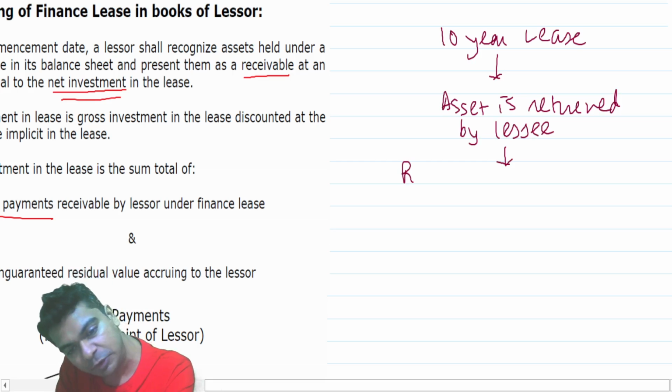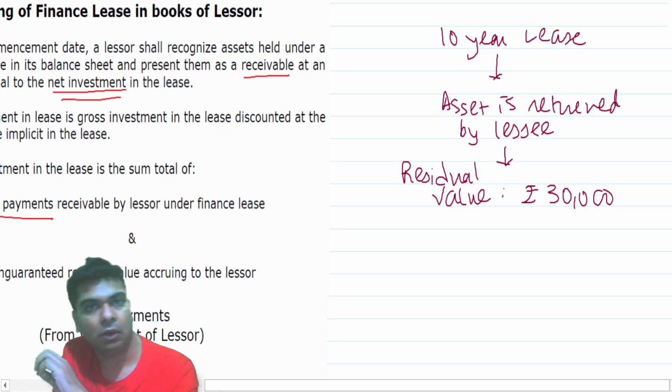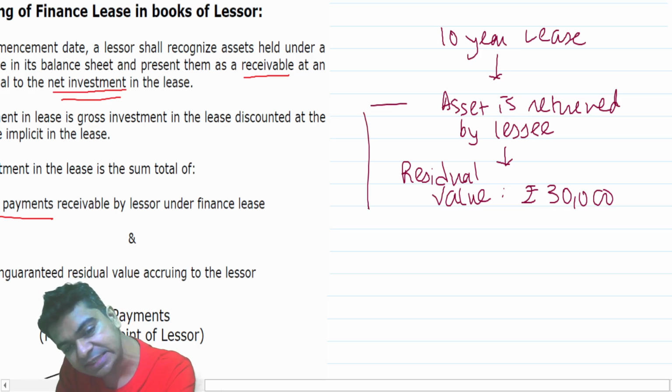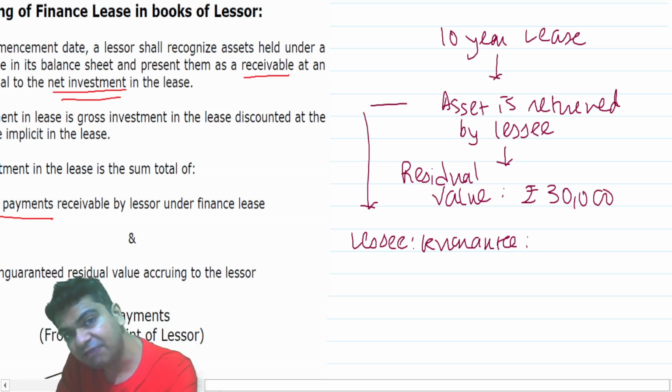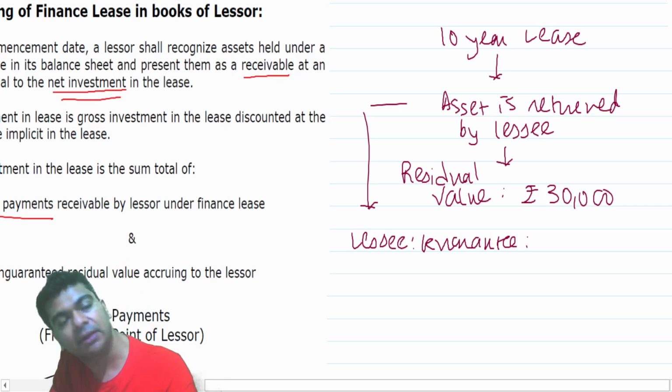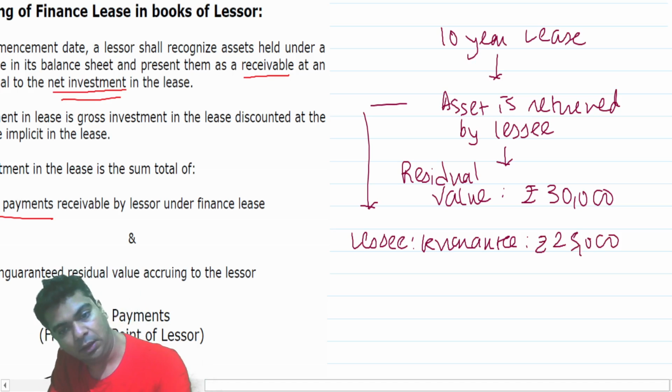We are of the view that the residual value that we will get is 30,000 rupees. Now, let's say the lessee has given a guarantee that after 10 years, when I return the asset, you will definitely get 25,000 rupees. So understand, 25,000 is an amount guaranteed by the lessee.